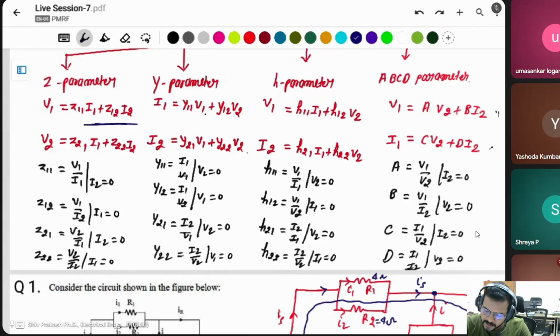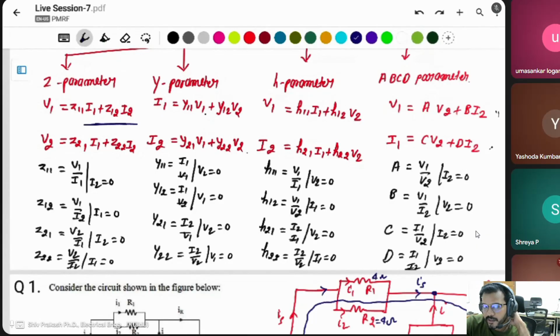Next one, the H parameter. The H parameter is between I1, V1 and I2. It means hybrid parameter, between voltage and current. Voltage of the first port and current of the second port. Then the remaining two elements are I1 and V2. Which one do you want to write first? In this case both are different: one is current, the second one is voltage. Give priority to port one. I1 is port one, so write the I1 current first.